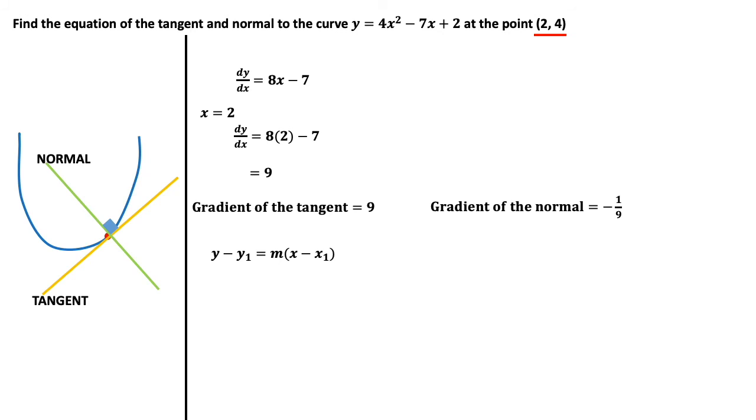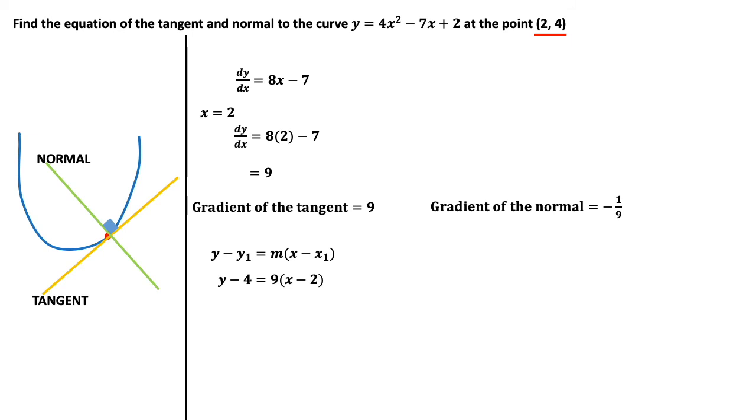Now remember, a straight line equation can be written in the form y minus the y-coordinate of the particular point equals the gradient m times x minus the x-coordinate. Therefore, if we're looking at the point (2, 4) and we know the gradient is 9, I can substitute these values into the general format of a straight line equation.